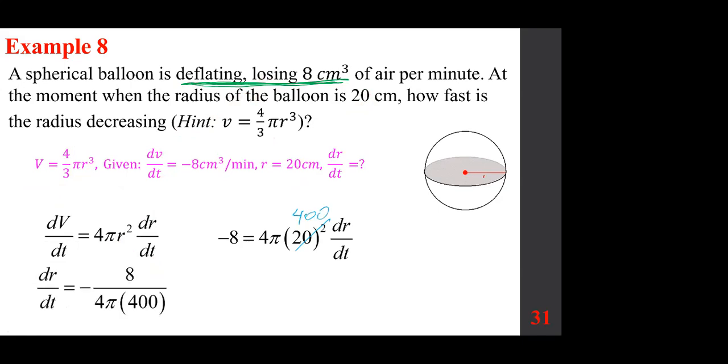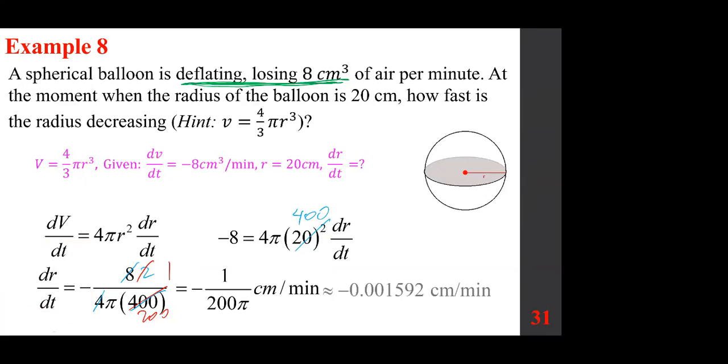And so 8 over 4 pi times 400. We can drop the 4 and 8. This becomes 2. And this one to 1, this one to 200. This is the precise answer. Don't forget the negative sign remains. And of course now, a rough estimate gives us this answer.